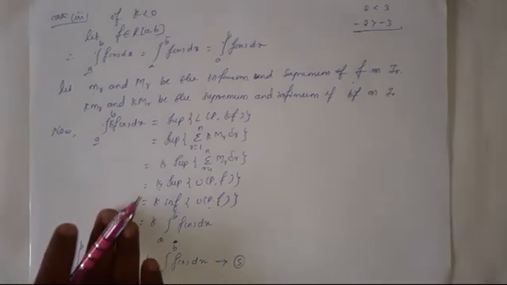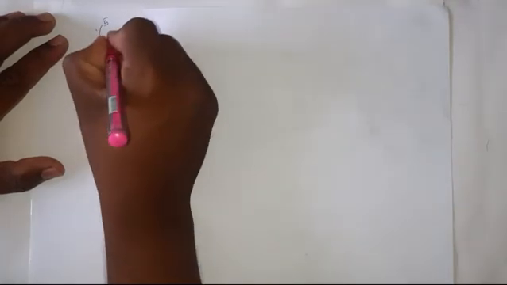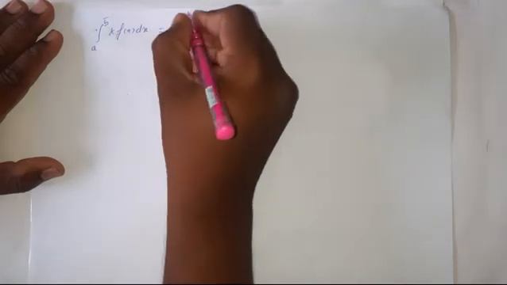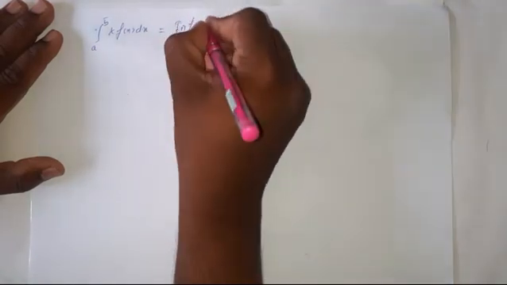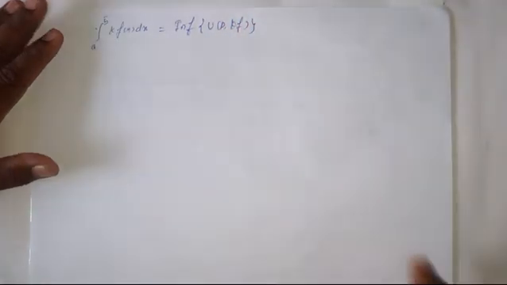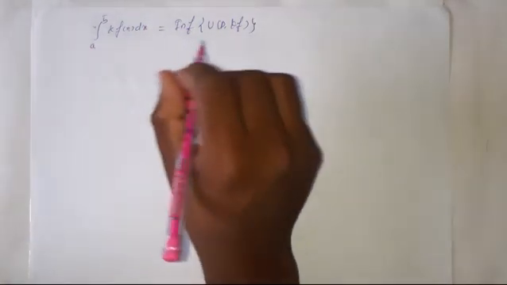And similarly we need to find the upper Riemann integral of the function kf. The integration over a to b bar of k into f of x dx is equal to the infimum of all the upper sums, the infimum of UPKF, since it is the upper Riemann integral.